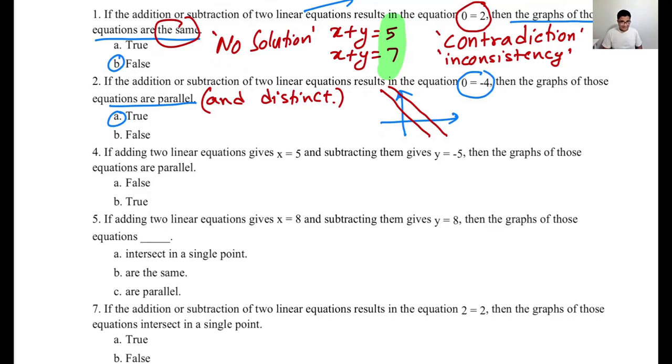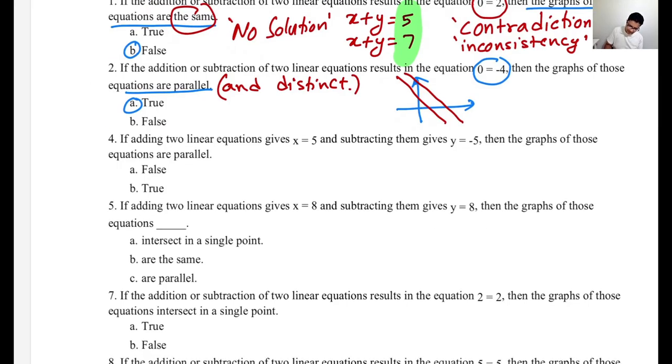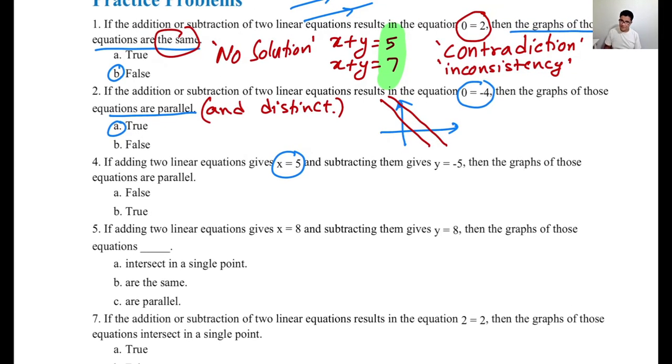Now a different type of result is coming. You add the equations, the y variable cancels and you get x equals 5. You subtract the equations, the x variable cancels and you get y equals negative 5. So basically, you got a solution to the system: x equals 5, y equals negative 5.